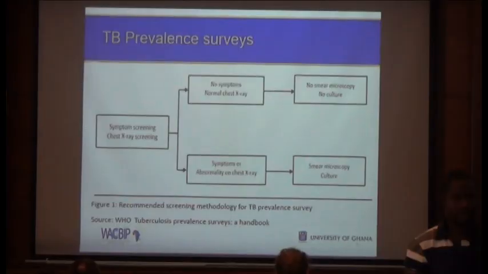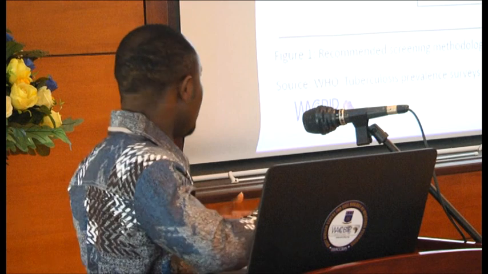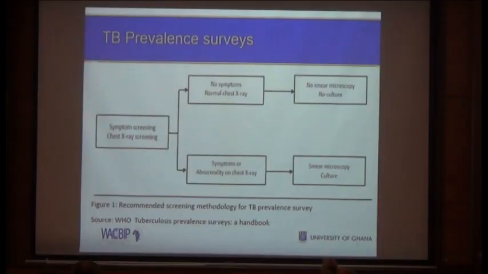So this is a TB prevalence survey. Ghana conducted its prevalence survey in 2013, and this was a community-based survey whereby the sampling was by proportion to population based on the 2010 national population and housing census.